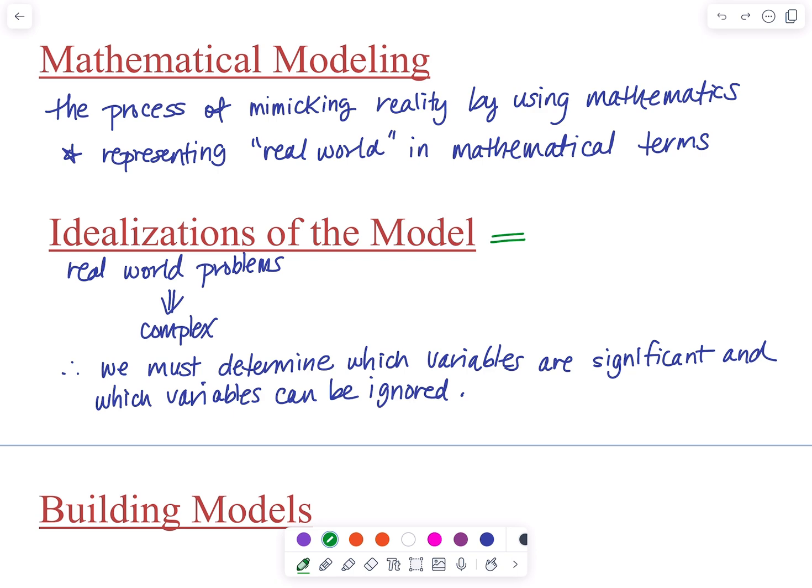And the idealizations of the model are for relevant variables.